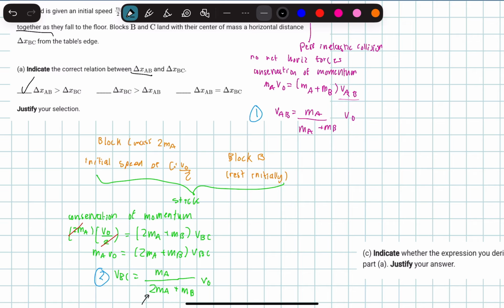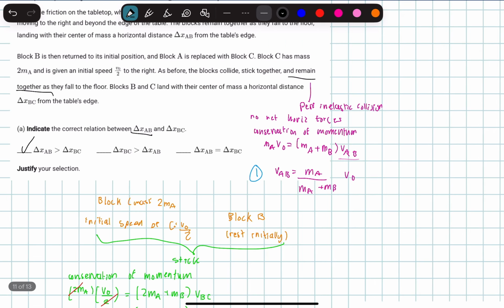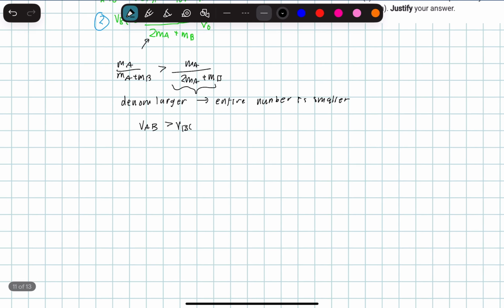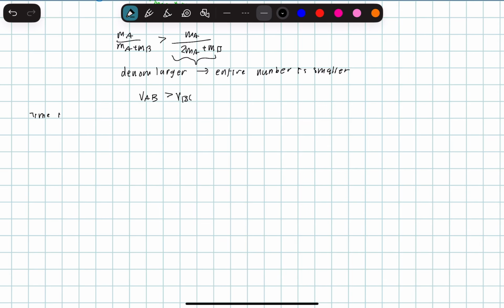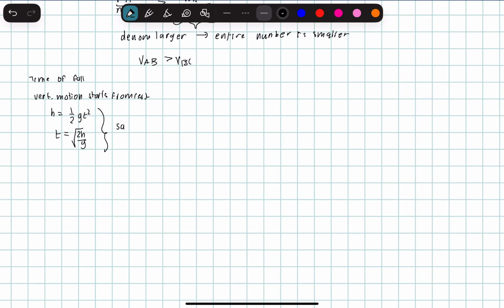Now, what else do we want to find? We can also justify this using the time of fall. For the vertical motion, it starts from rest, so h is equal to 1/2 g t squared. Solving for t, we get t equals the square root of 2h over g. This is the same for both cases, because they start from the same height.